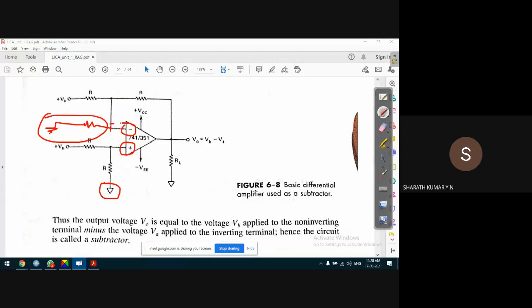This terminal is forced to 0 volts. That's enough. We need not short it to ground. So this resistor serves two purposes. One is it provides the path for the DC current to flow, and it also generates a virtual ground at the inverting input terminal.